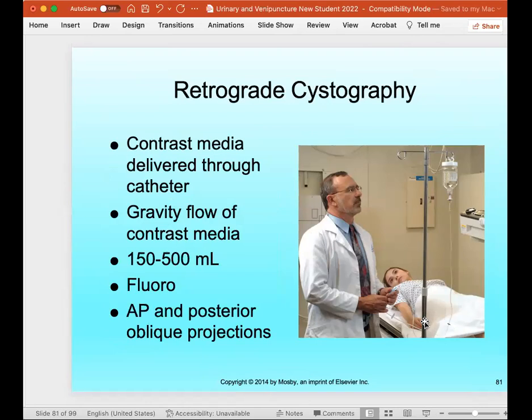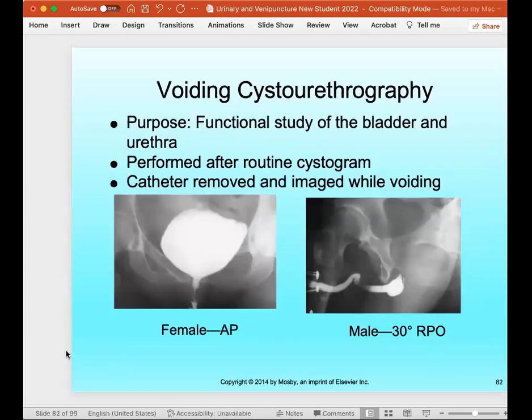Gravity flow of contrast media will be about 150 to 500 milliliters. And here you can see the contrast media, connected to a catheter going into her bladder.